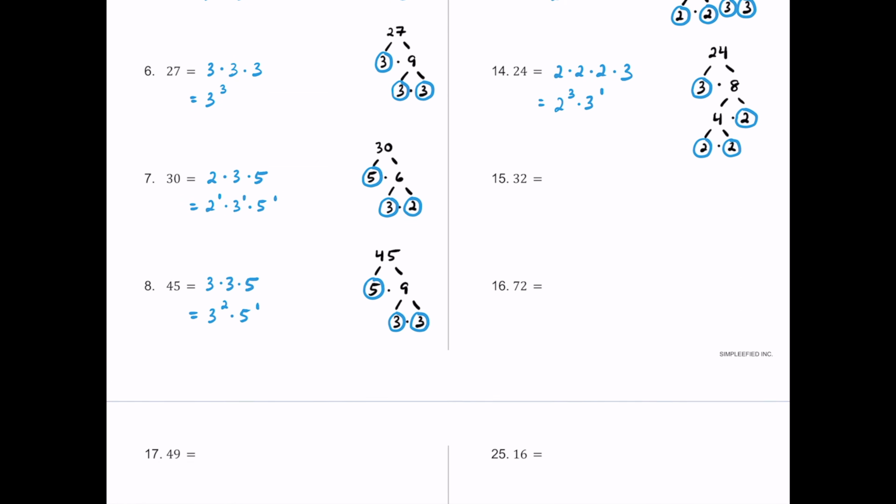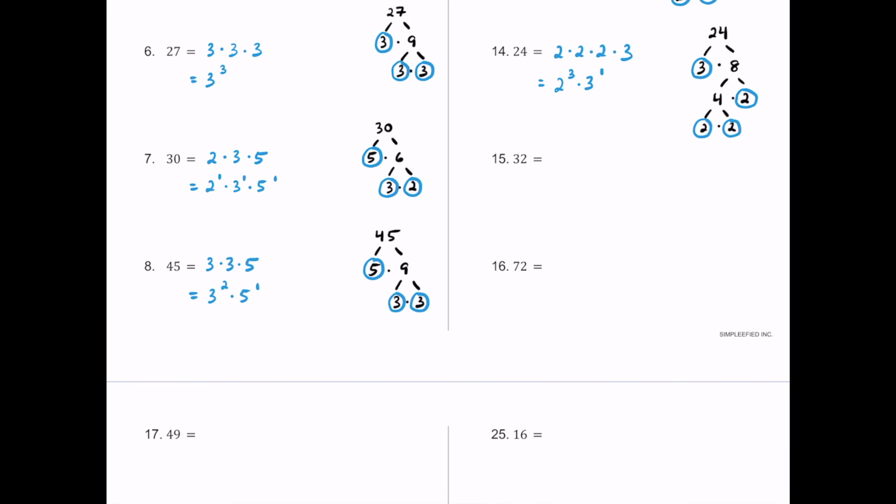Let's try number 15. For number 15, we have the number 32. So for 32, let's write that. And I'm thinking, what times what is 32? I'm going to go with 8 and 4. So I do 8 times 4. And I think 8 is going to be broken down into 2 times 4. And 2 is going to be prime, but 4 can be broken down.